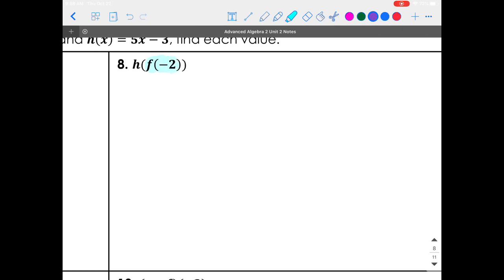Number 8. So we're doing the insides first. F of negative 2. So f of negative 2 is negative 2 cubed plus 8. And that is 0.